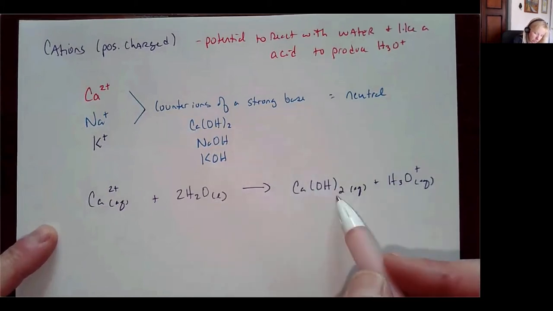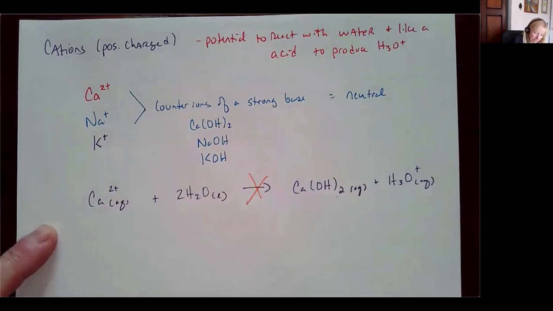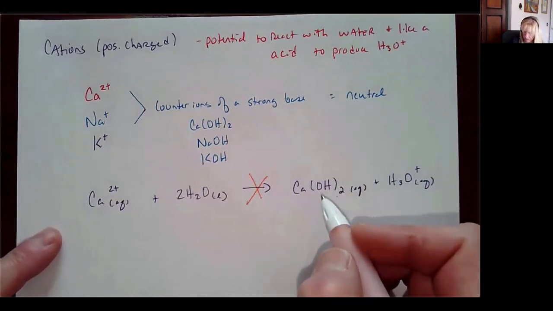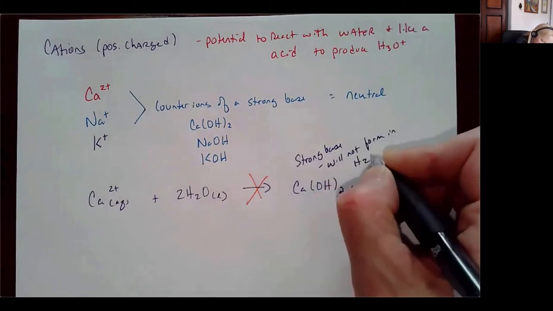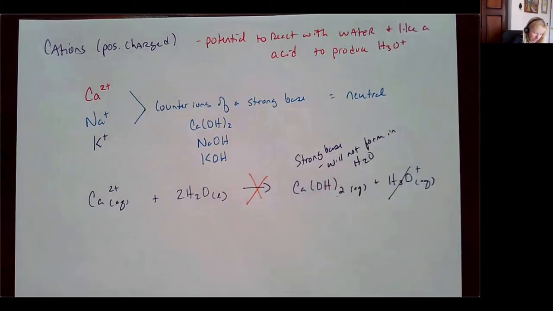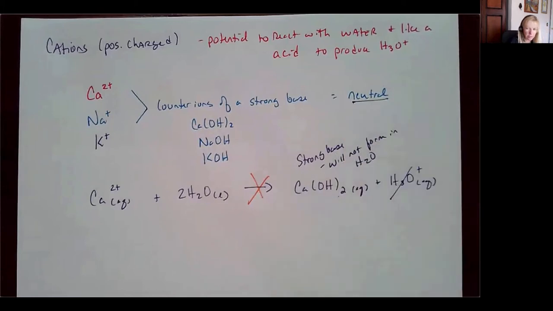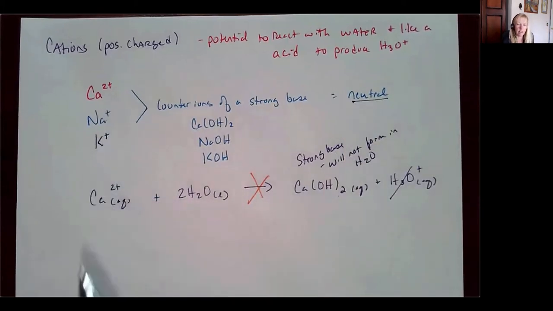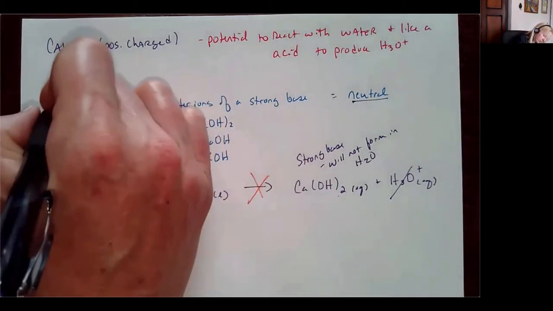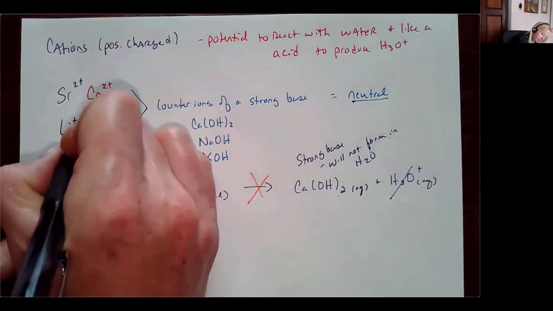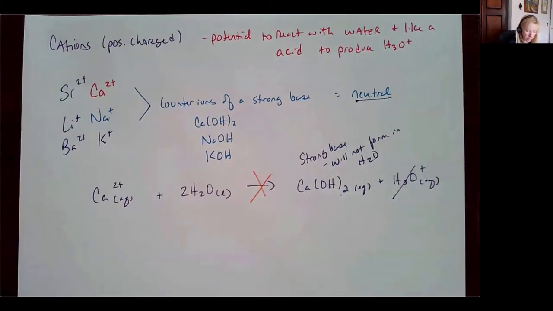But since this is a strong base, this is not going to happen, because this is not going to exist in solution. It will not form in water, so you're not going to produce any of this. Your solution is going to remain neutral. So any of those counter ions that are counter ions of a strong base, so calcium, sodium, potassium, lithium, strontium, and barium, are all going to remain neutral. They're not going to react with water.